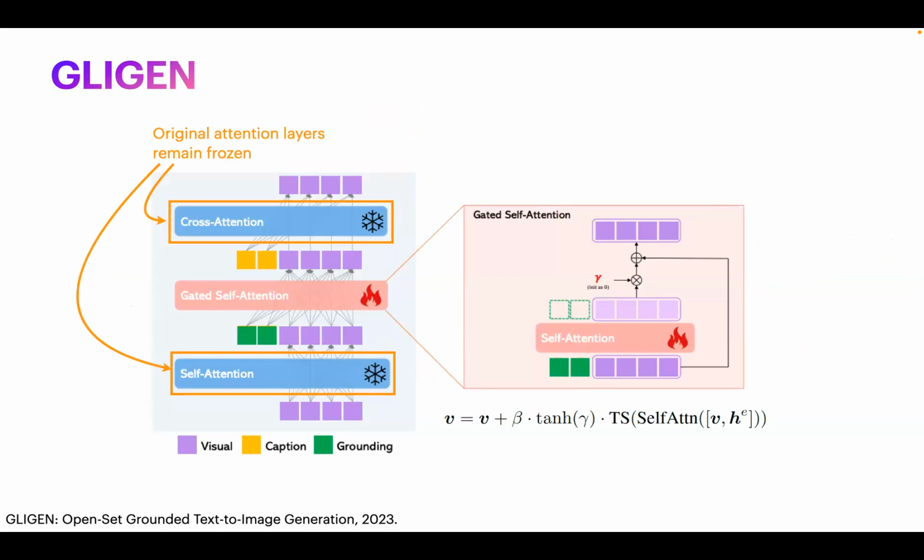You do not modify any parts of the model. Instead, you insert a gated self-attention layer to allow the model to take in the new conditional information.